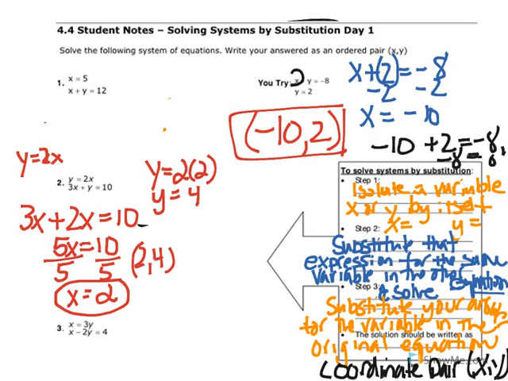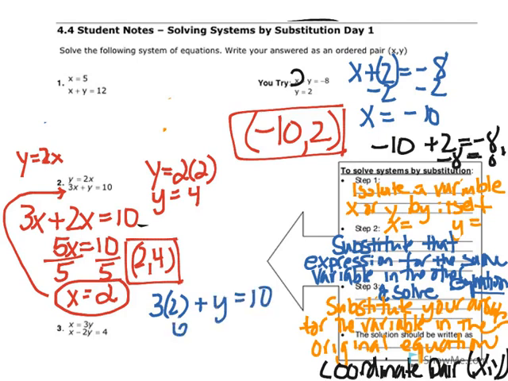Now I want to ask you a question. What do you think would have happened if I had taken this 2 and plugged it in for x in the second equation instead of the first? Well, let's see what happens if I do that. 3 times 2 plus y equals 10. So I get 6 plus y equals 10.